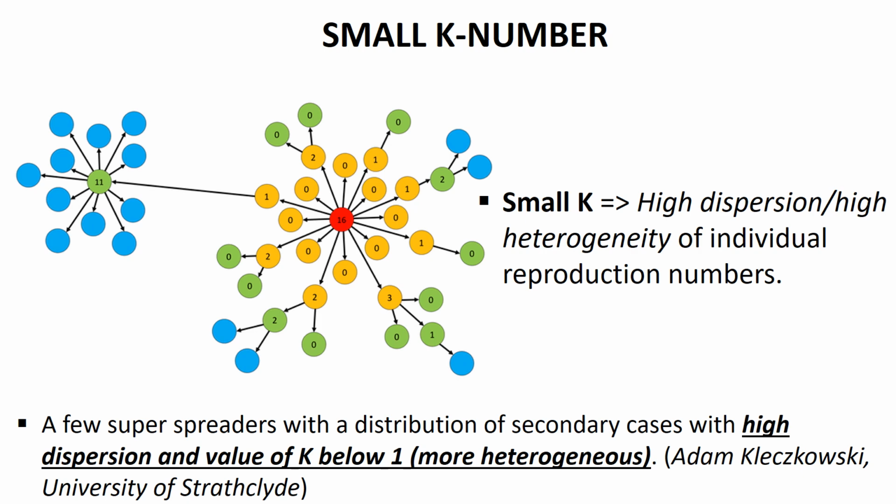So in that particular case, we can see the numbers go as low as 0, but they go as high as 16. And what that gives you are these super spreaders, the one in red and the one in green, which is 11. So that diagram represents a few super spreaders with a distribution of secondary cases with high dispersion and a value of k that's much smaller than 1, which is more heterogeneous.